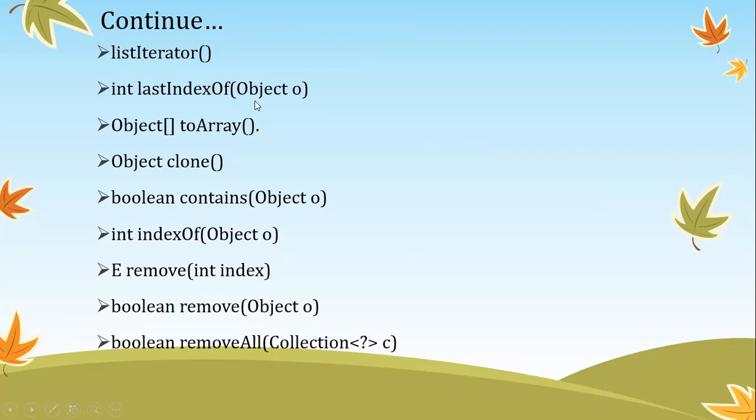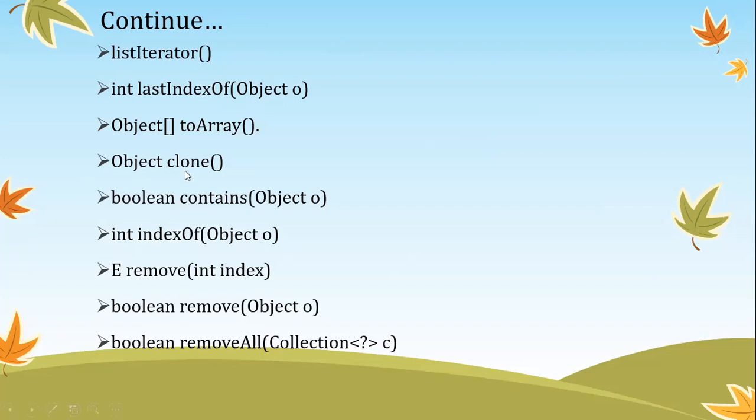And the next method is lastIndexOf. This method is used to return the index in the list of the last occurrence of the specified element, or -1 if the list does not contain this element. Next one is Object toArray. This method is used to return an array containing all of the elements in the list in the correct order.